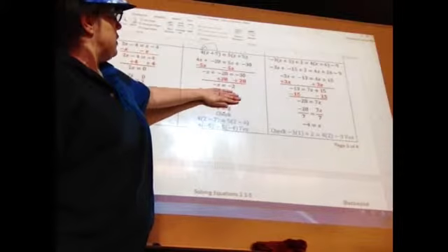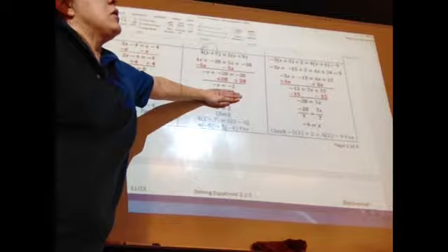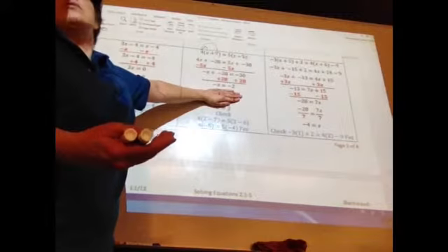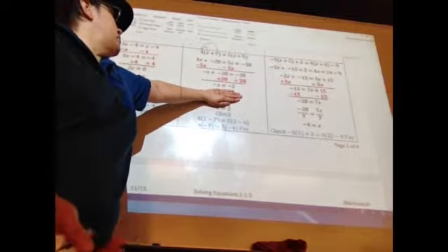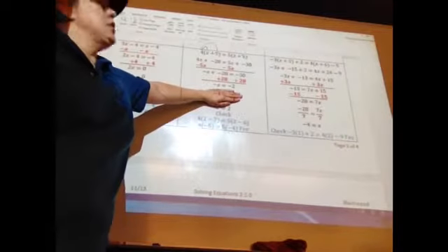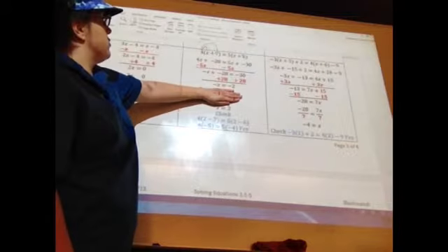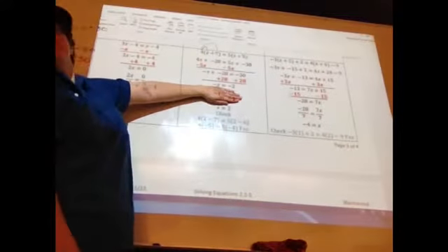So here, I got a negative x is a negative 2. Well, I need to know what a positive x is. Positive x is the opposite of a negative x, so let me take the opposite of both sides. The opposite of a negative is a positive, the opposite of a negative is a positive, so x must equal 2. That's one way.